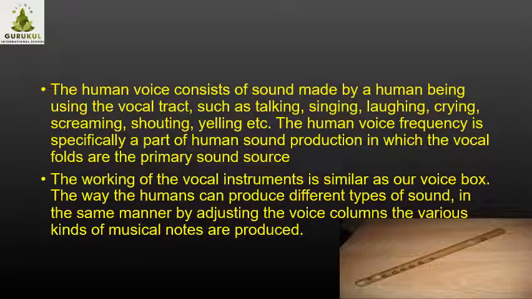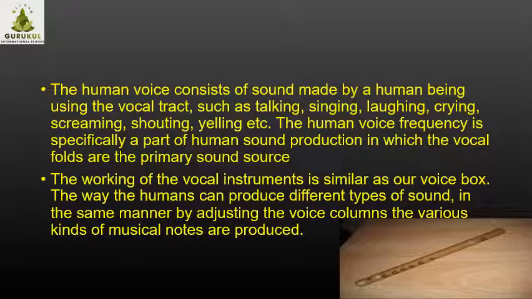Everywhere the sound quality or texture is different. We can understand if any person is singing because that is said in a particular way. Talking loudly or with a slow or soft voice, that also we can understand. Laughing also makes a different sound. Crying, screaming, shouting, all these make different kinds of sound.